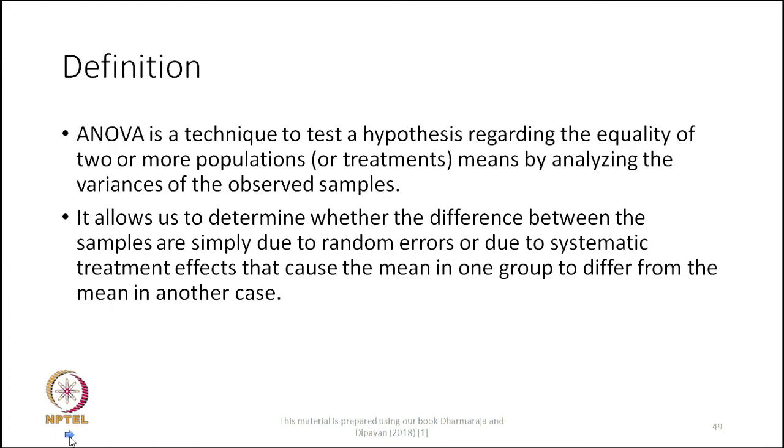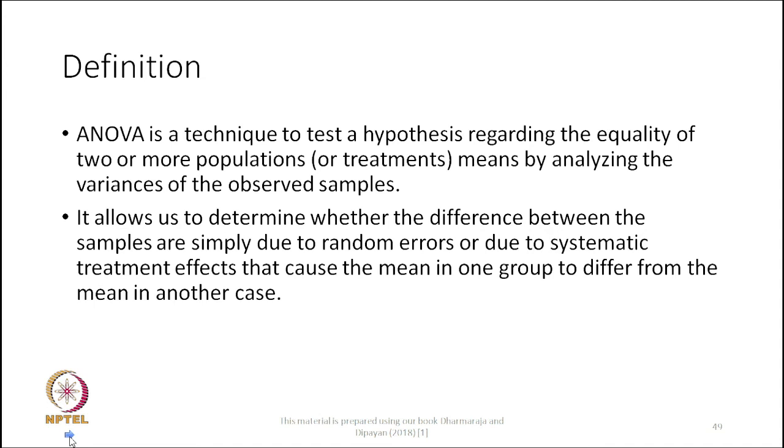We test the equality of 2 or more populations' means by analyzing the variance of the observed samples. We are going to analyze the variance of the observed samples, but the null hypothesis statement is about the equality of 2 or more population means.